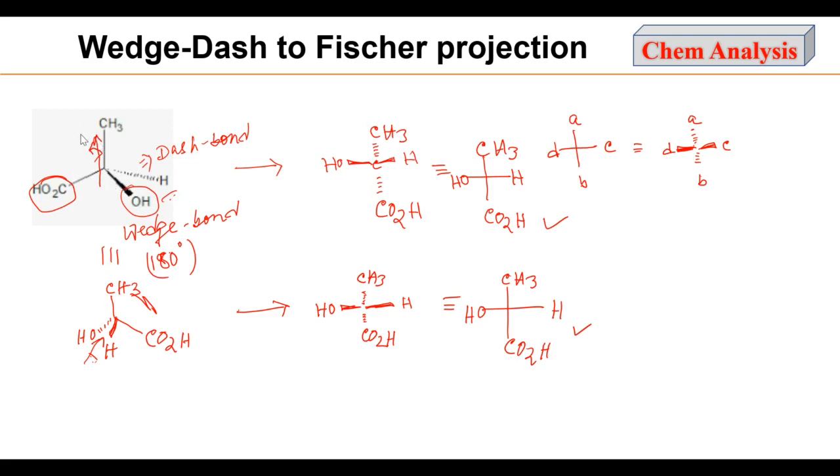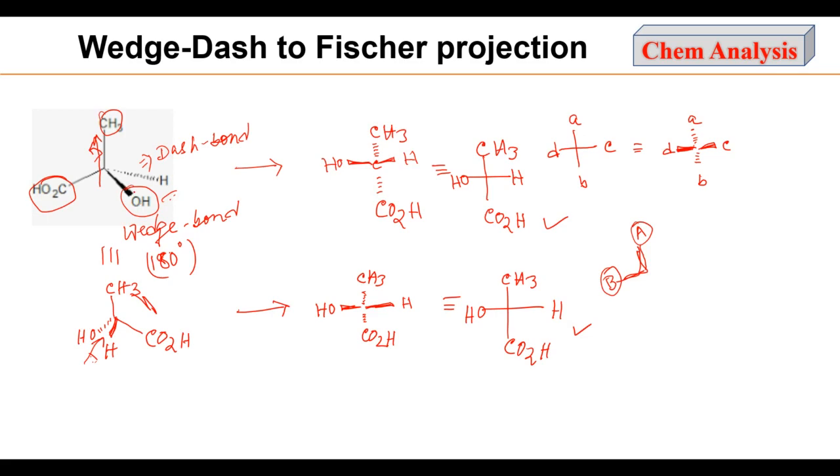If this type of compounds are given and the in plane groups are oriented in a V shape, that is, here if we think about the orientation of the methyl and CO2H groups, this is oriented like this is methyl, this is CO2H, and it is V shaped.